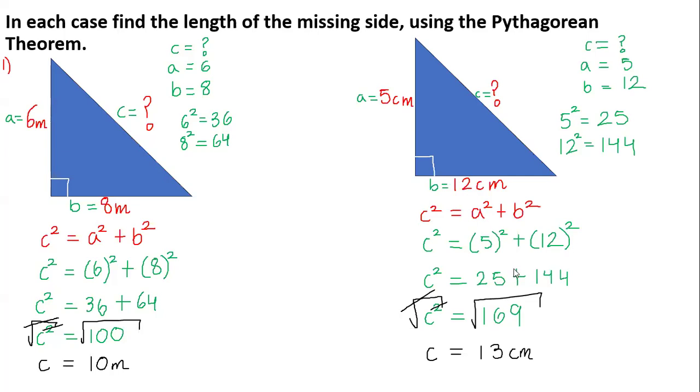Then you put c to the power of 2, squared, and it would equal whatever number you get when you add up a and b. And then you say, what is the square root of 169, which is 13?